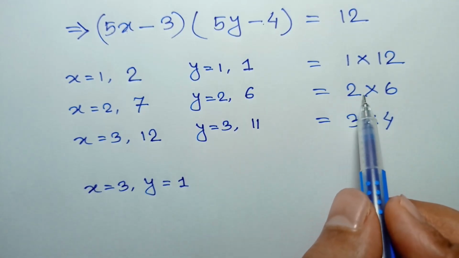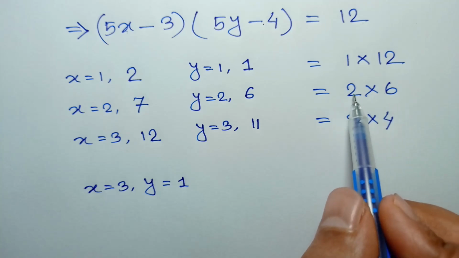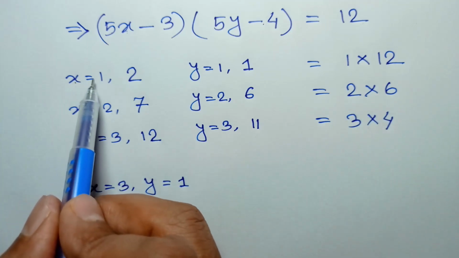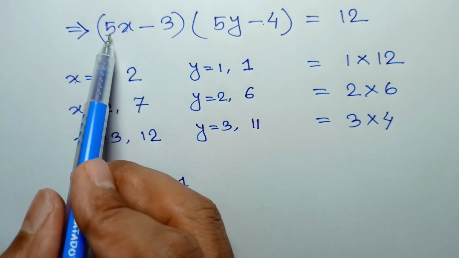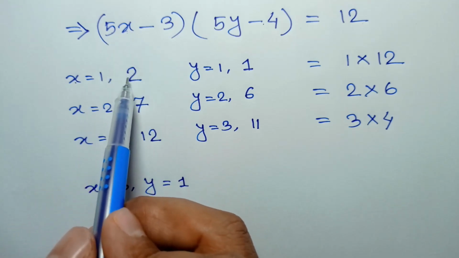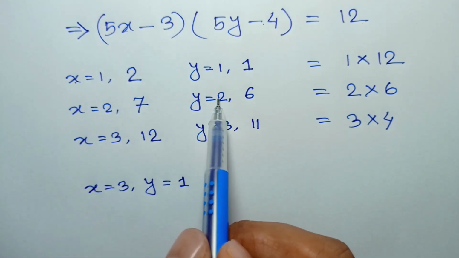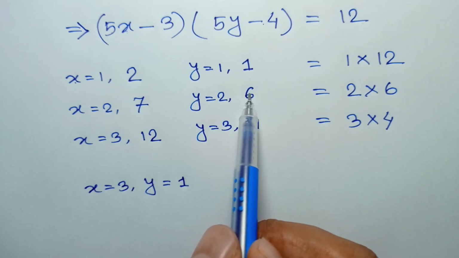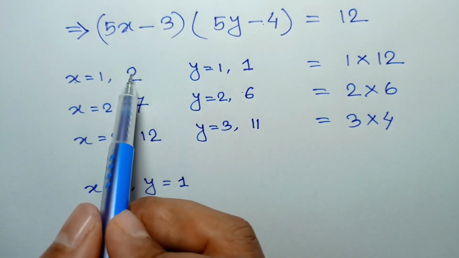And to make this combination 2 and 6, so for x is equal to 1, then this value will be 2, and for y is equal to 2, then it will be 6. So this is another combination.